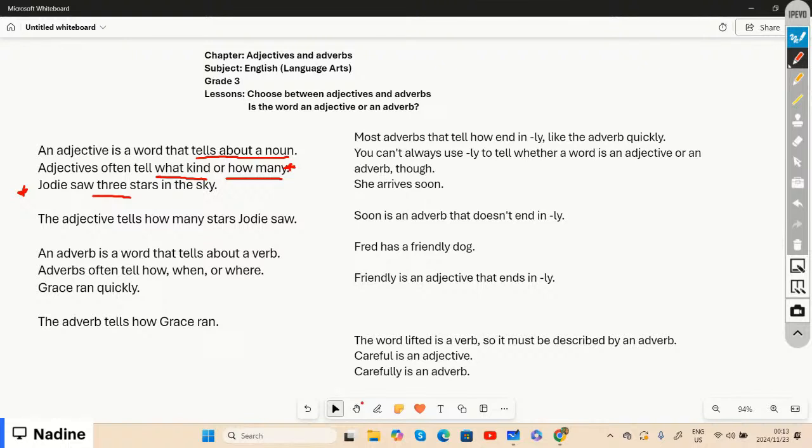3 stars. The girl had 2 dolls. The boys played with 5 cars.